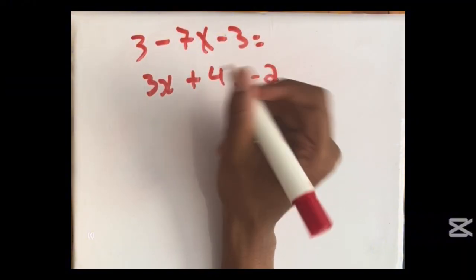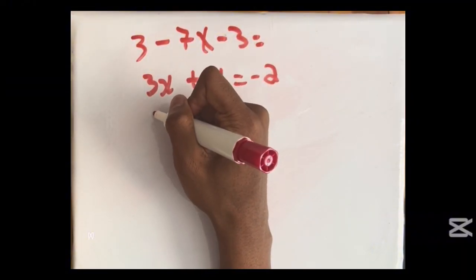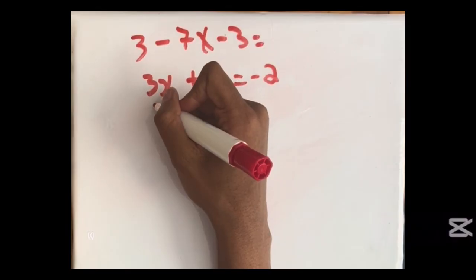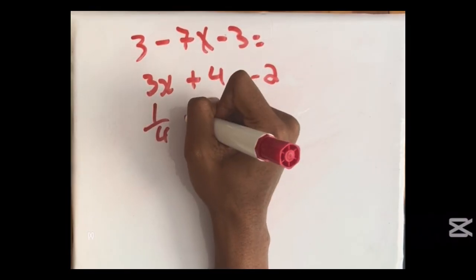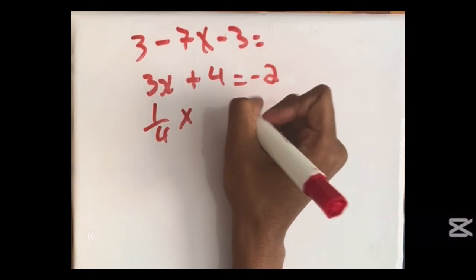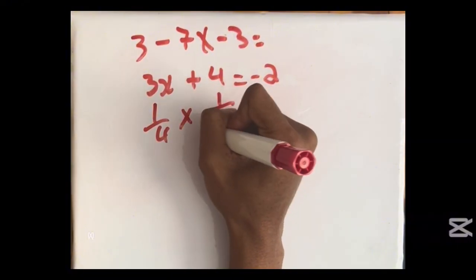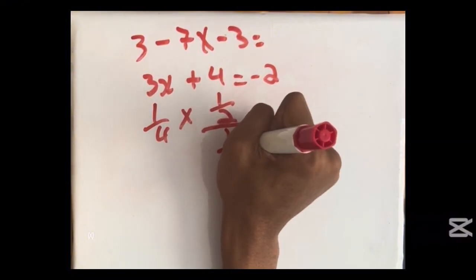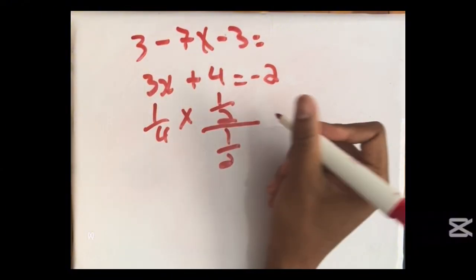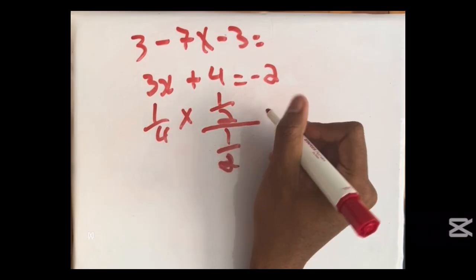And let's do a fraction, okay? 1/4 times 1/2 divided by 1/2 equals.